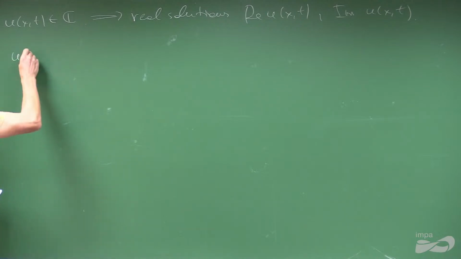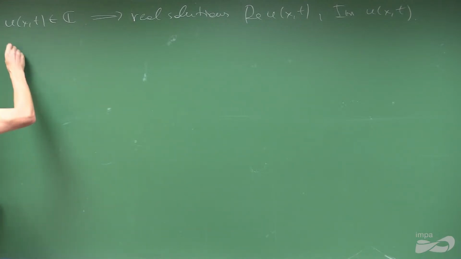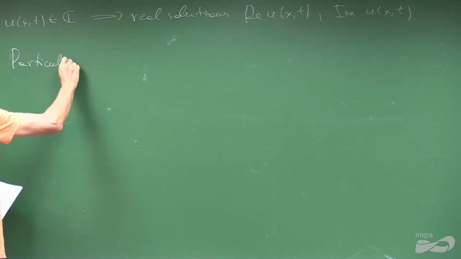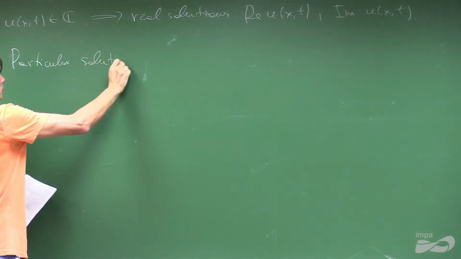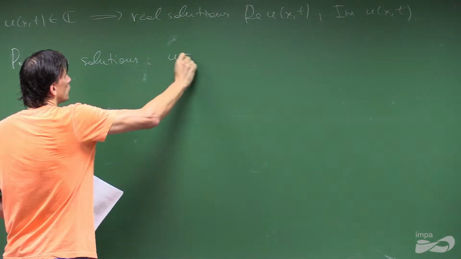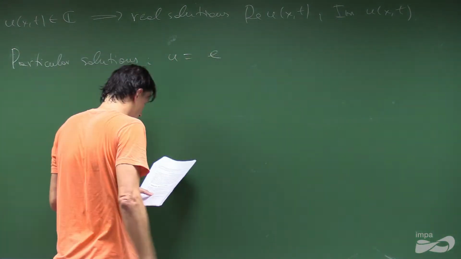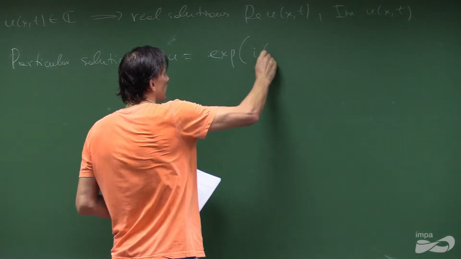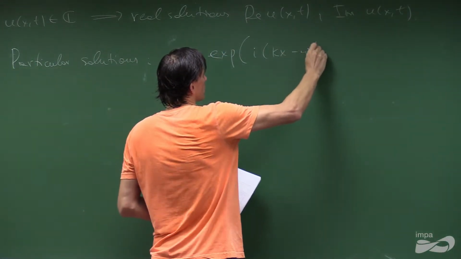And so what we do, we consider particular solutions of the form u equals exponent i(kx minus omega t).